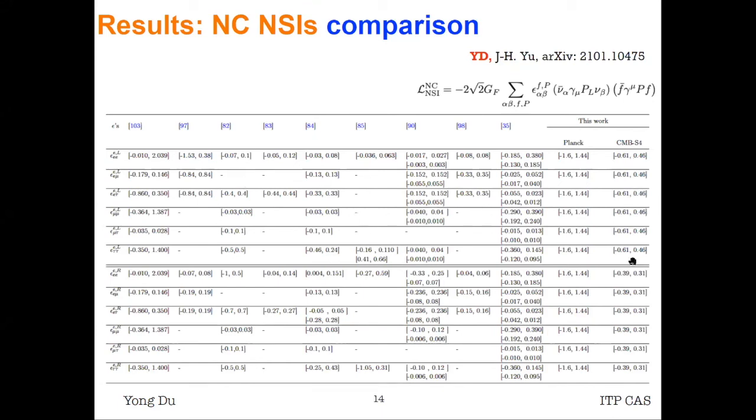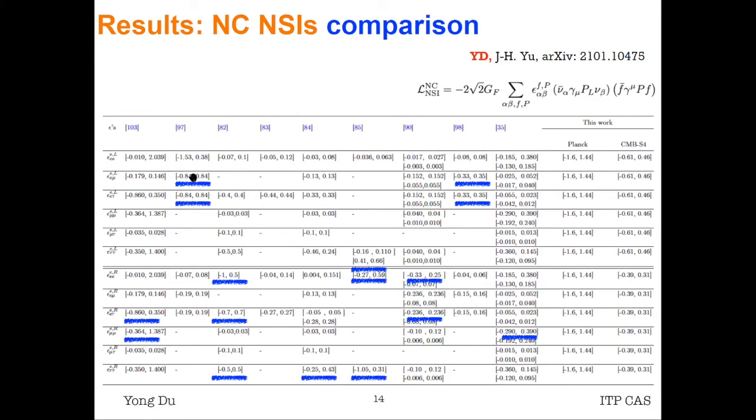However, when you look at the constraints from CMB-S4, you can see that especially for those underlined in blue, the constraints from CMB-S4 are comparable or even stronger in some cases. So in this sense, we say that precision measurements of Neff are complementary to other types of experiments in constraining neutral current NSIs.